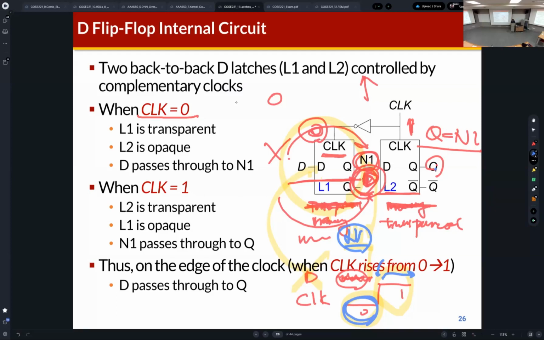So at this rising edge, the value of D is sampled, and then its value is reflected to Q.